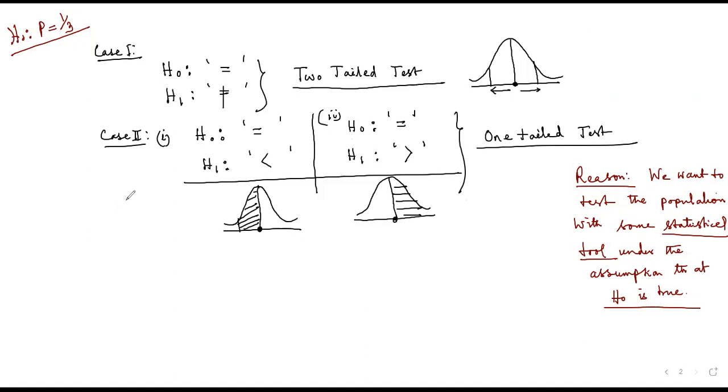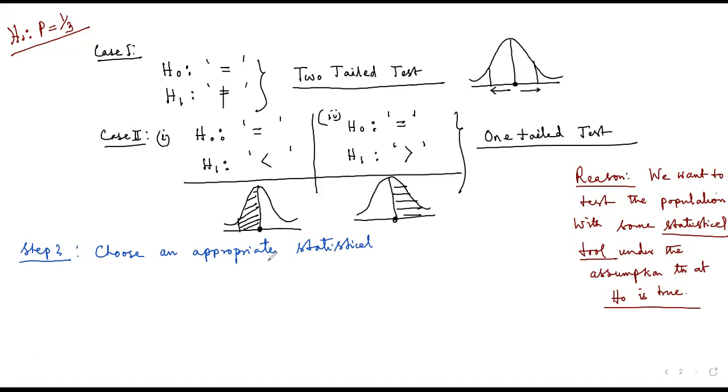So once we set up the null hypothesis and the alternative hypothesis, then we have to choose our statistical tool. So step number 2 is that choose an appropriate statistical tool.